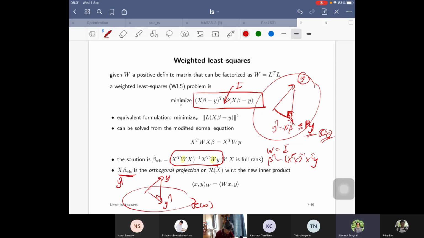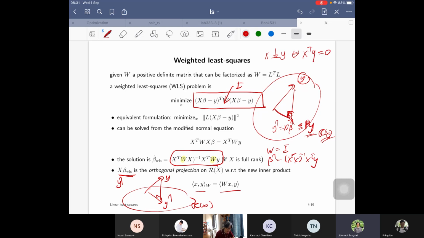But when the concept of orthogonality is applied, it is used with respect to a new inner product space, which means traditionally when you say x is orthogonal to y, mathematically it is that x transpose y equals 0.